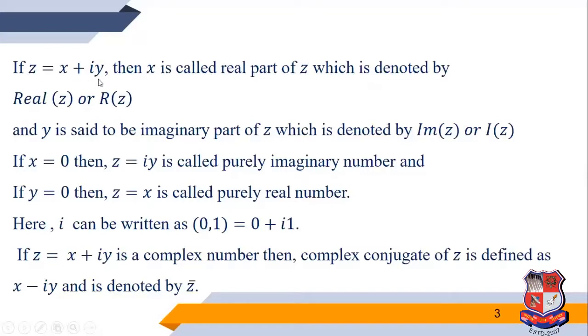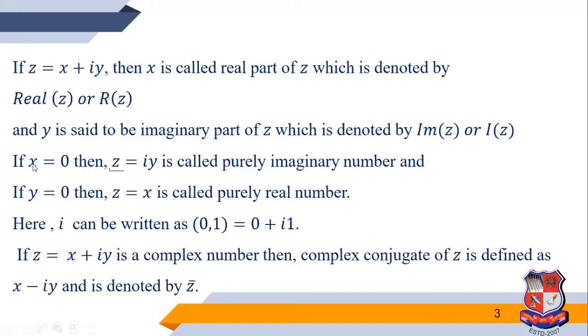In this complex number z is equal to x plus iy, if we consider x is equal to 0, then z is equal to iy is called a purely imaginary number. If the real part is 0, then z is equal to iy is a purely imaginary number, and if the imaginary part is equal to 0, then z is equal to x is called a purely real number.